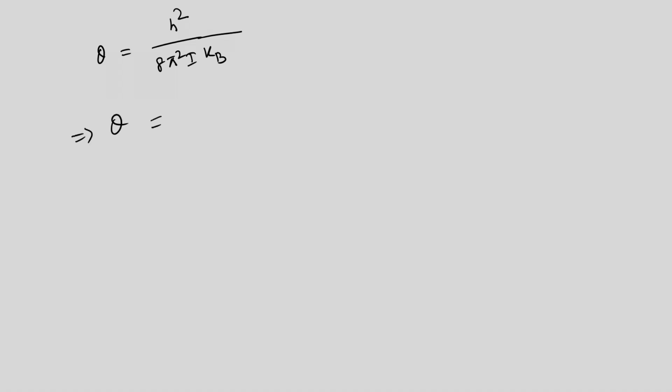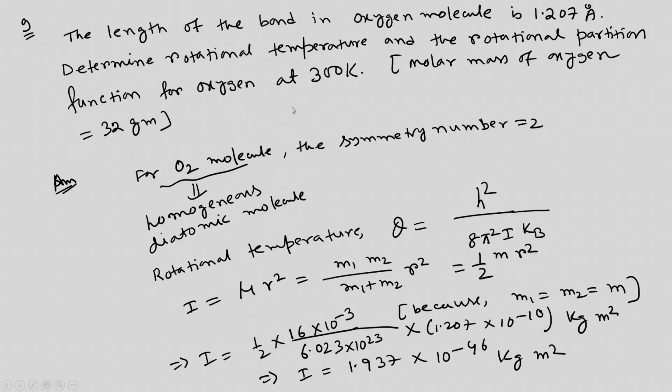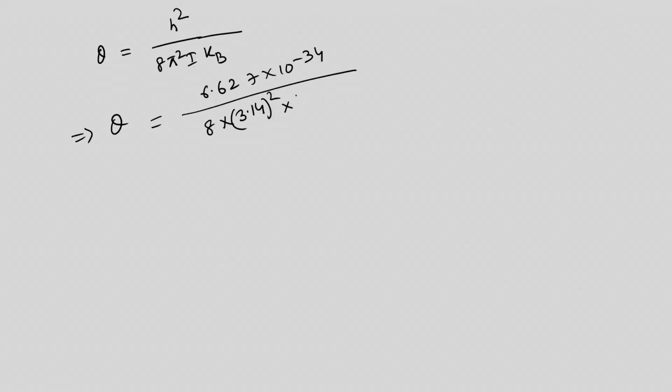So, theta is 6.627 times 10 to the minus 34 squared by 8 times 3.14 squared times I is 1.937 times 10 to the minus 46 times kb is 1.38 times 10 to the minus 23.